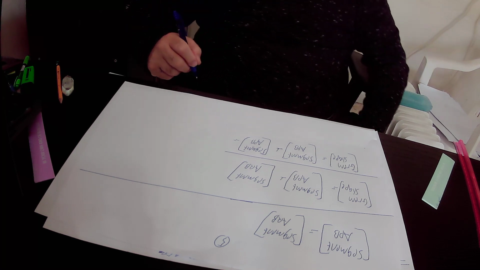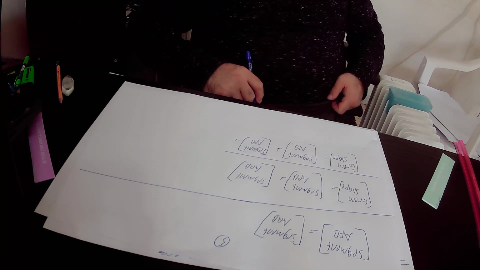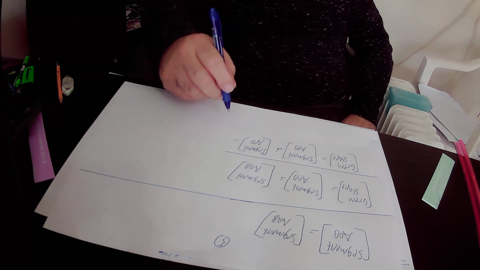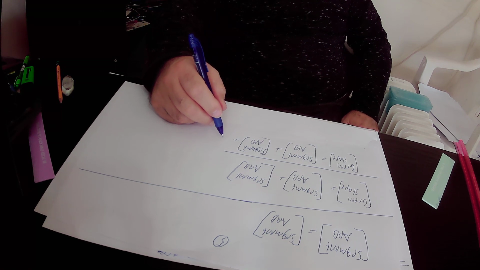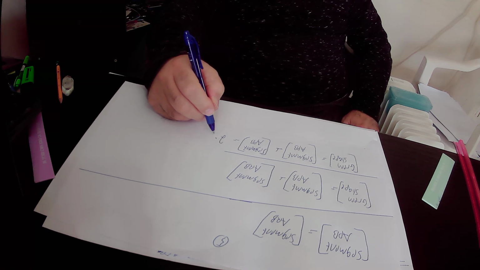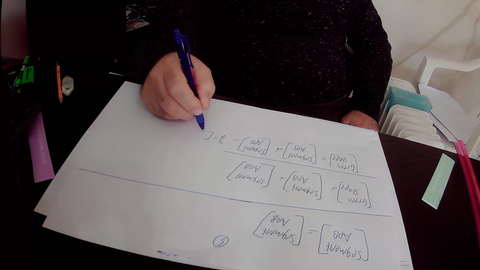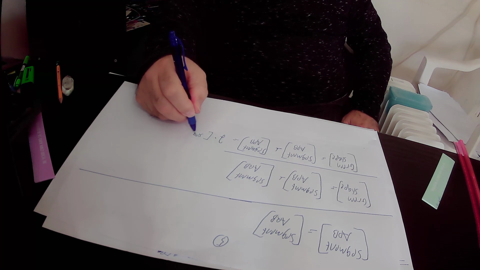So we actually found out that the area of the green shape equals 2 times the area of segment APB.